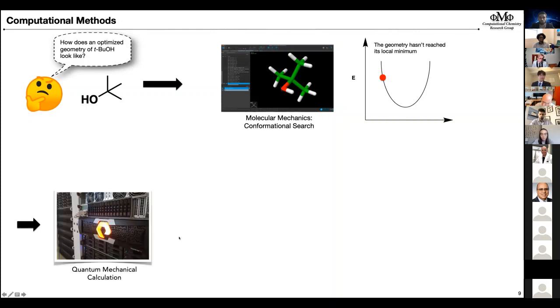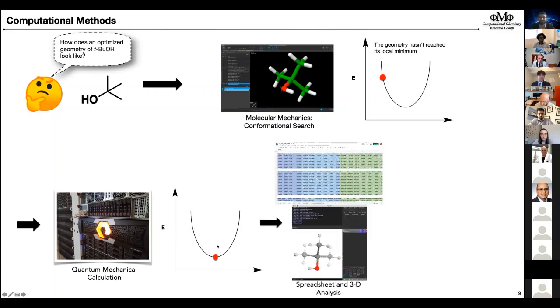Next step, we apply quantum mechanical calculations onto those conformational isomers obtained from the previous step, borrowing the computational power of the cluster. And this typically takes a longer time because we're now considering the behavior of electrons in this molecule. At this stage, we are bringing the energies of those conformational isomers to their local minima.